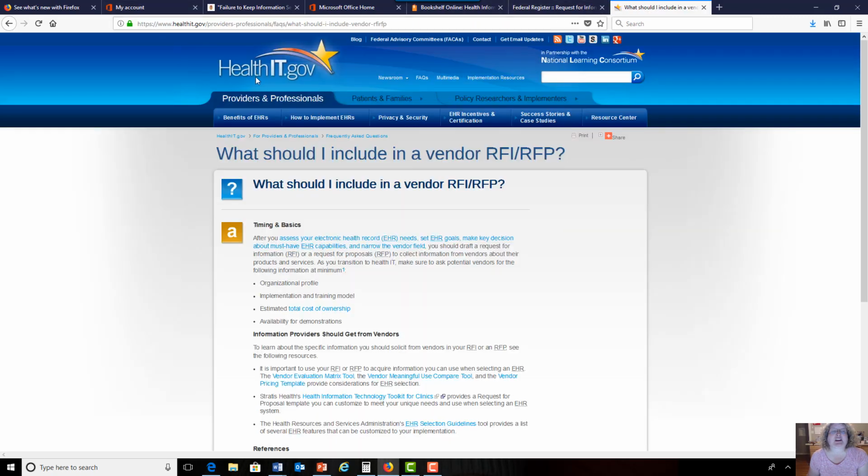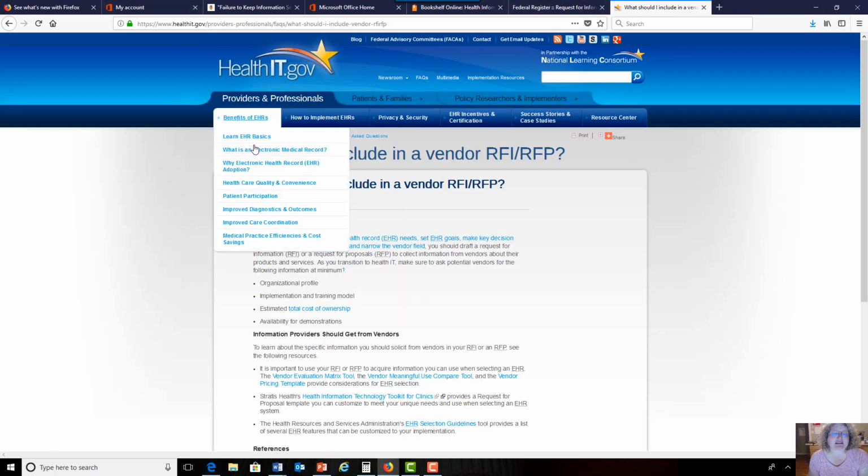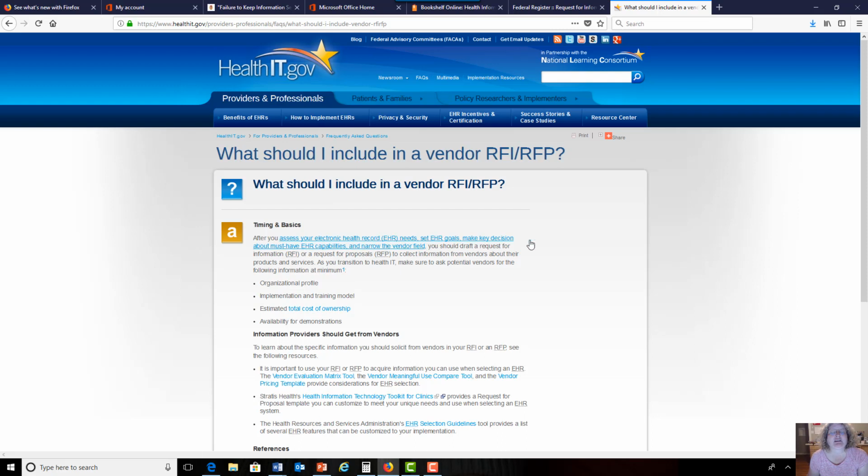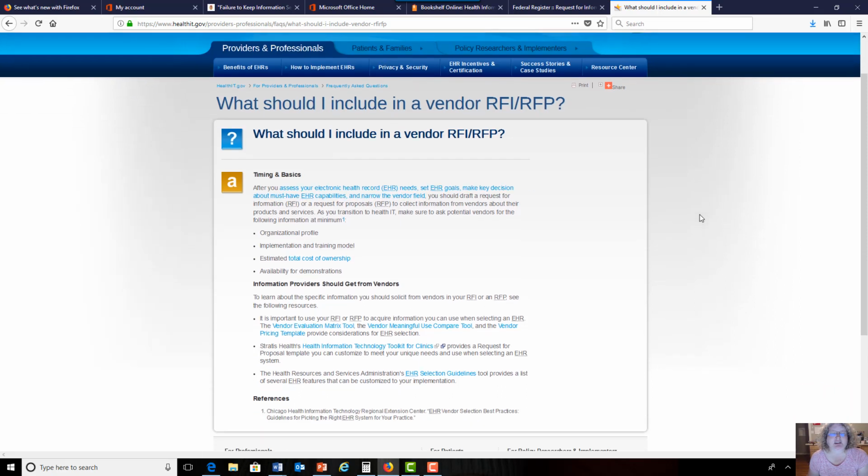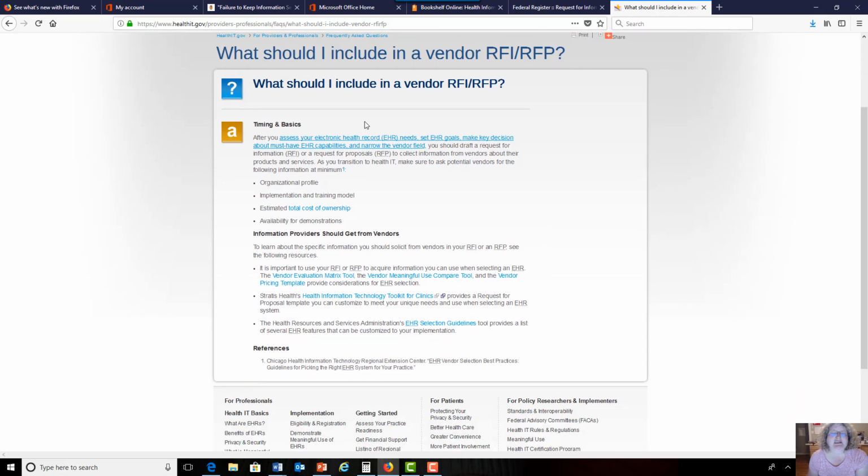A really cool site is, again, the healthit.gov. And there's a reference to this in your book also, so you can find the site there. But this is one for an RFI or RFP for an electronic healthcare system. And this gives you some really good tools about it.